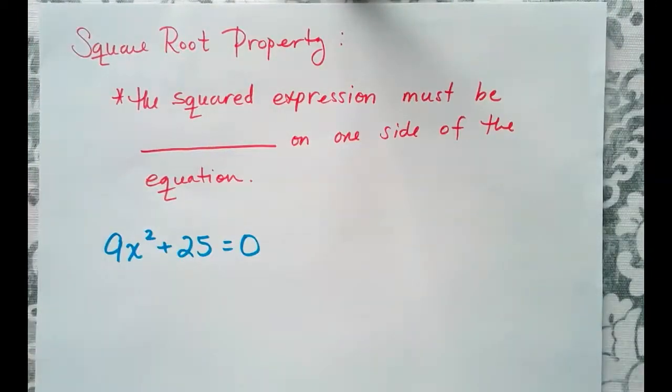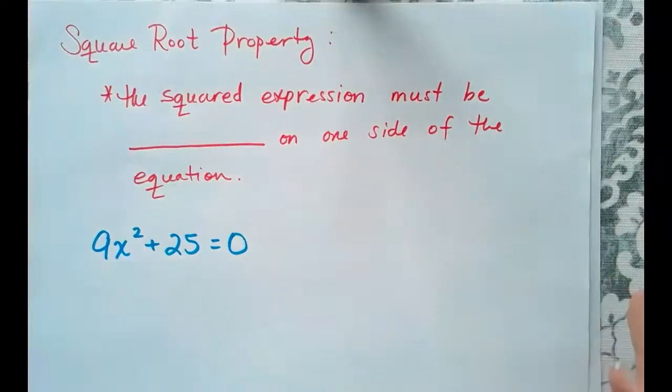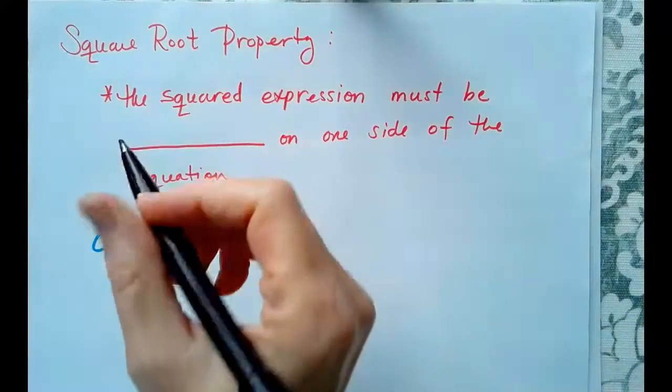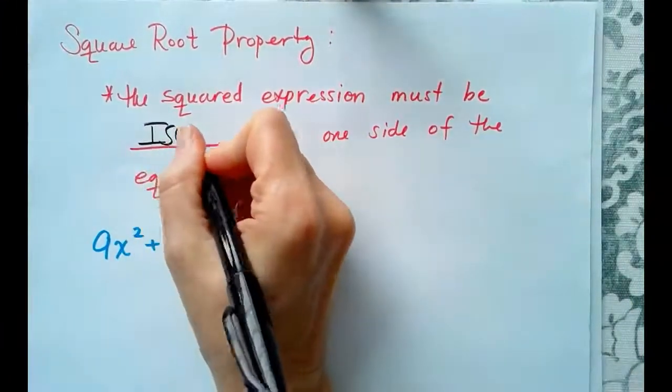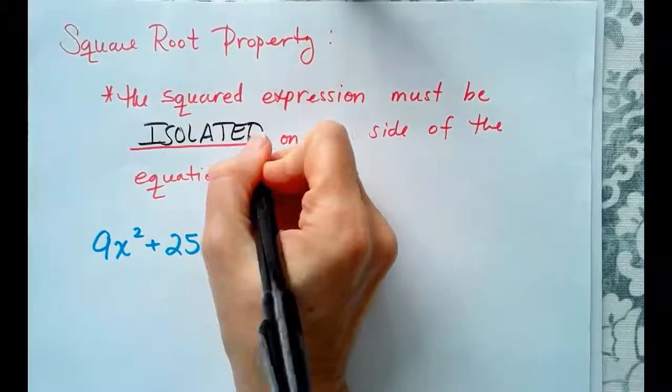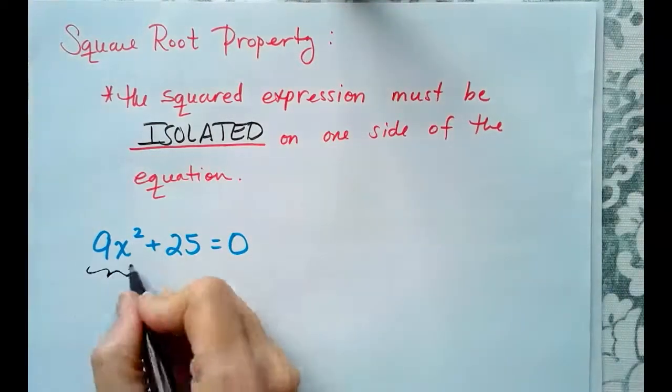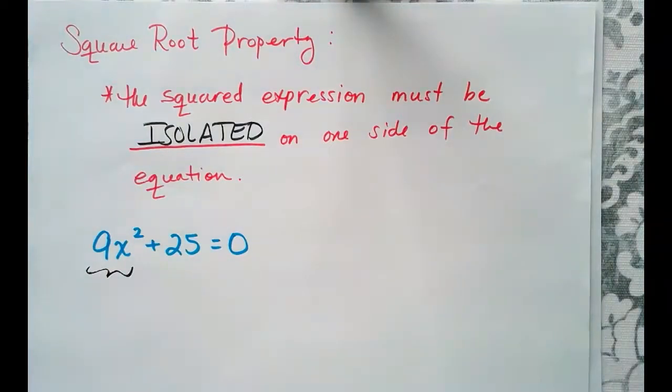We can also use the square root property, and the square root property is when the squared expression must be isolated on one side of the equation. So if we have 9x squared plus 25, this is the squared expression, 9x squared. We want it isolated on one side of the equation.